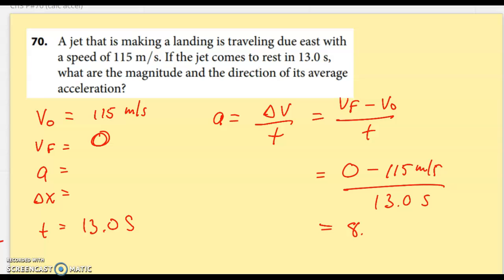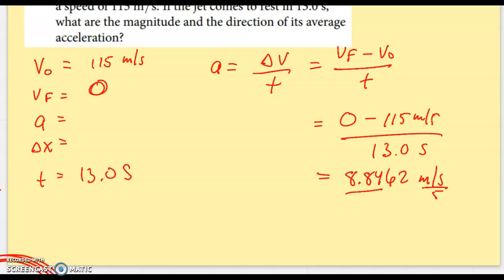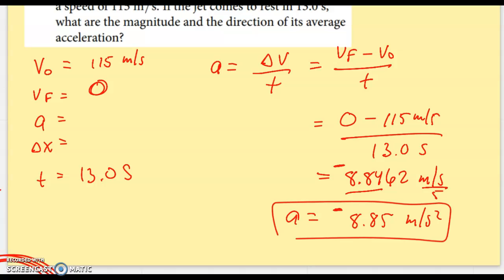That's going to give me 8.8462. Of course, not all of those are significant. Only 3 of those are significant. Meters per second per second. We can round that to 8.85 meters per second squared. And the whole thing was negative, which makes a lot of sense because you're going from a positive 115 down to 0, so you have to be taking velocity off every second, and there's how much you are.